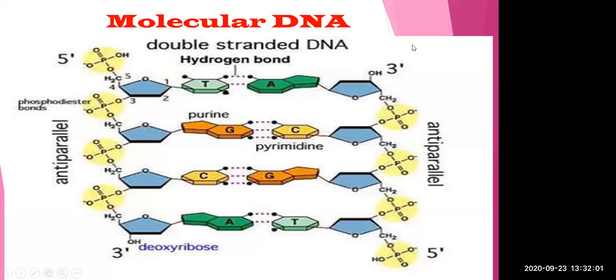Here on both sides, this is sugar, phosphoric acid, sugar, phosphoric acid, sugar, phosphoric acid. That way the backbone is formed. Here on the other side also, this is sugar phosphate, right? So these are the two strands of the DNA, and in between, the horizontal or slanting lines which you can see are formed of the nitrogenous bases.